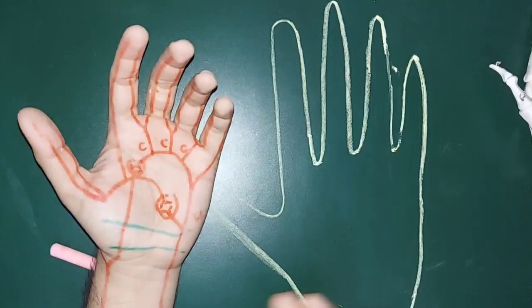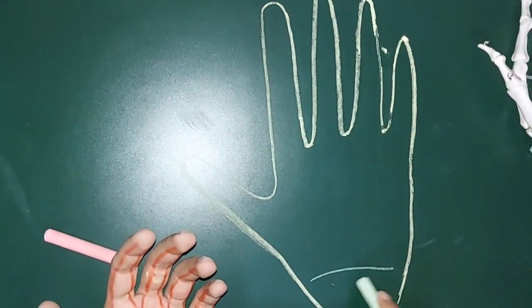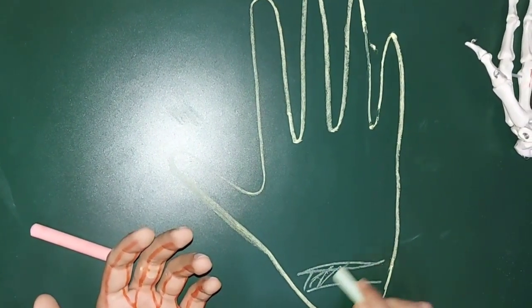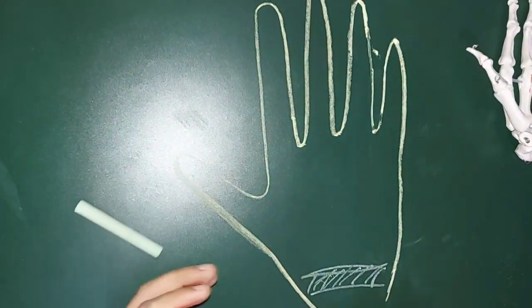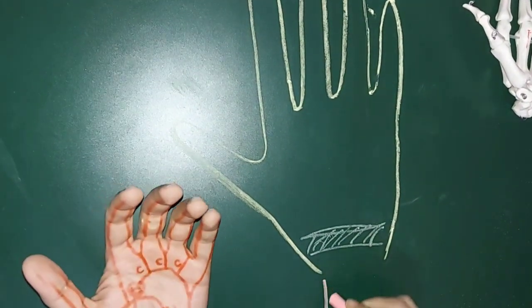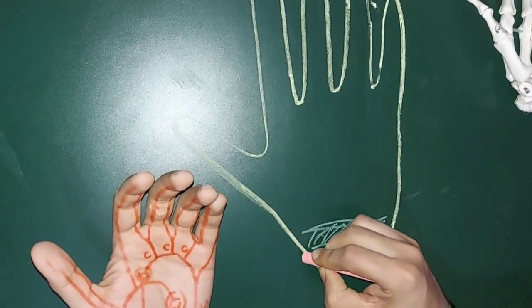Now we are going to see the diagram of these palmar arches. Okay, let's suppose this is the flexor retinaculum. This was the radial artery coming forward on the radial side, and it moves through the anatomical snuffbox.